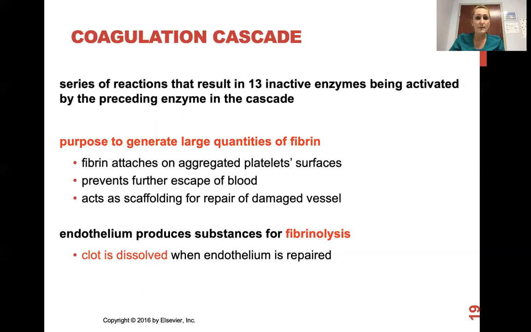So the purpose of the coagulation cascade is to generate large quantities of that fibrin, that cement, to be able to create a patch to repair surfaces.